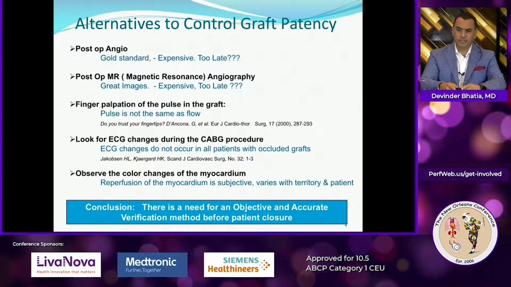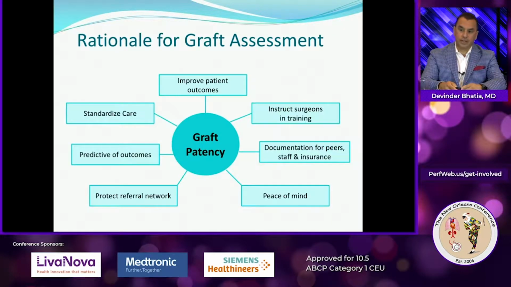So the conclusion is that there really is a need for an objective and accurate verification method. In other words, how do we really assess the flow in the bypass graft before we close the patient? Now, what's the rationale for graft assessment? Obviously, the ultimate goal is we want graft patency. So the rationale is that you have overall improved patient outcomes if you can prove that you have technically excellent grafts.